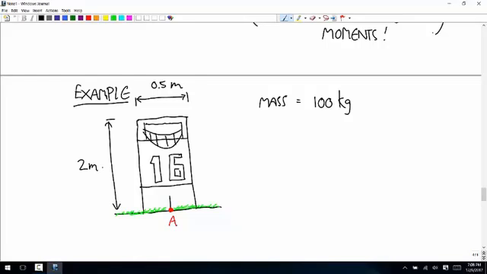And let's say a defensive player comes in on this side. Okay, so a defensive player comes in over here and applies a force of, what's a good football force? I have no idea. 1,000 newtons. So that's supposed to be at the middle of the height, 1 meter off the ground.